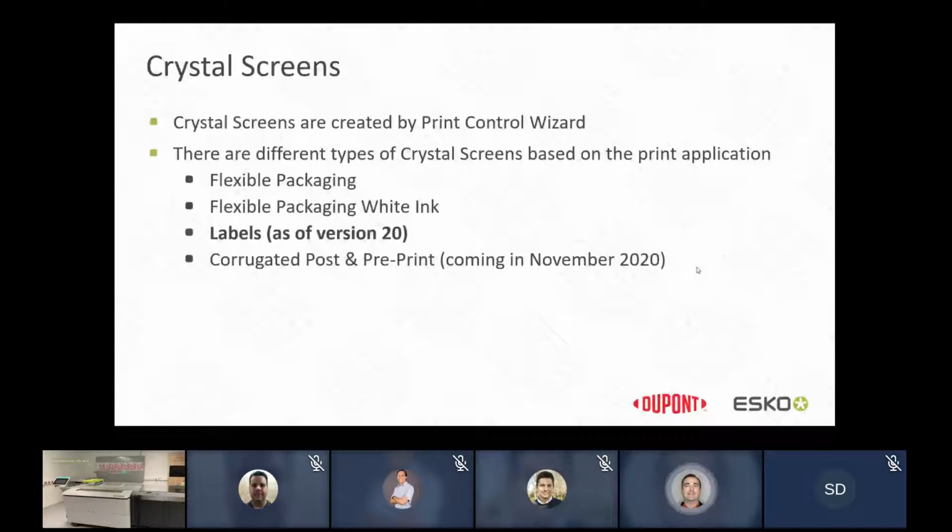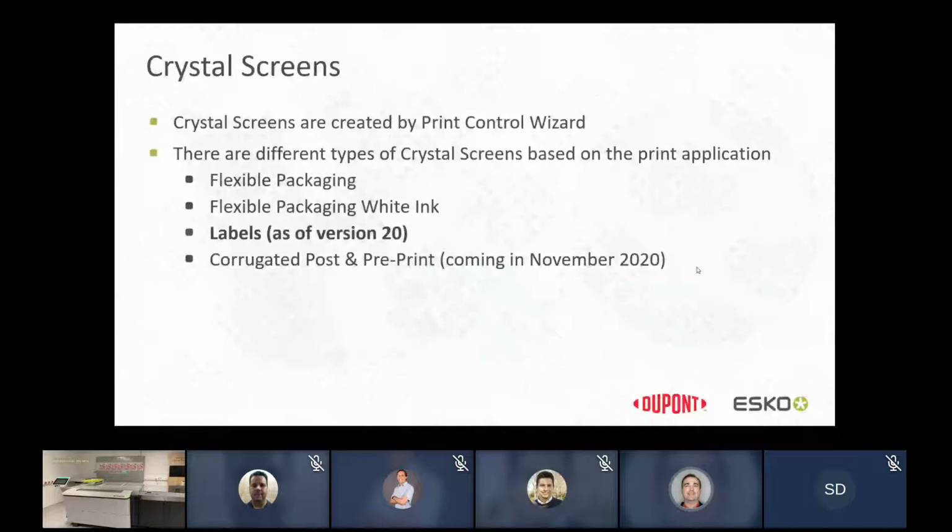As of maybe 3 or 4 months ago, I think June, we released version 20, which includes a version of Print Control Wizard designed for labels. I know this is not a session for corrugated, but coming later this year, we'll have screening for corrugated. So we're going to continue to evolve this product and add new screening and develop that screening technology.